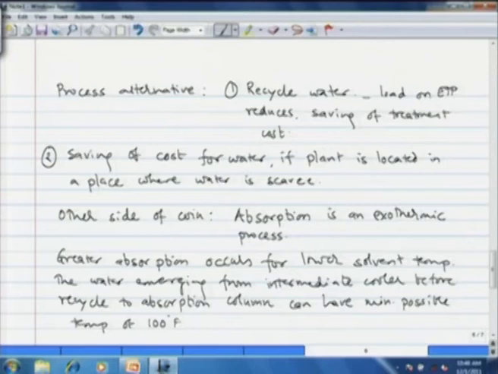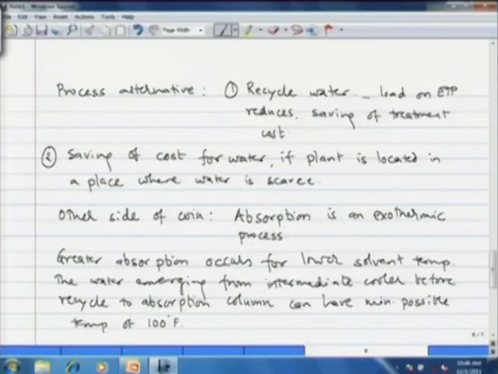Okay. And therefore, the amount of water that will be required will be higher. Okay, as compared to the continuous water fed flow sheet, the first flow sheet.